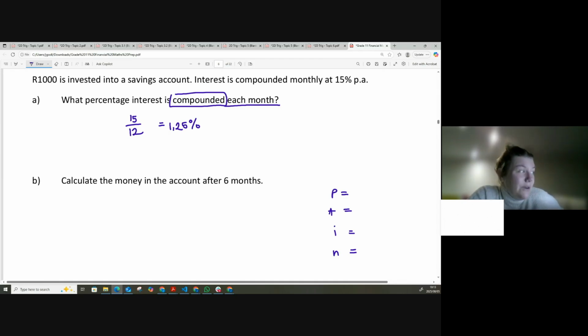But now they want to know how much money is going to be in the account after 6 months, remembering that it's going to be compounded each month. Take your time. No need to rush.